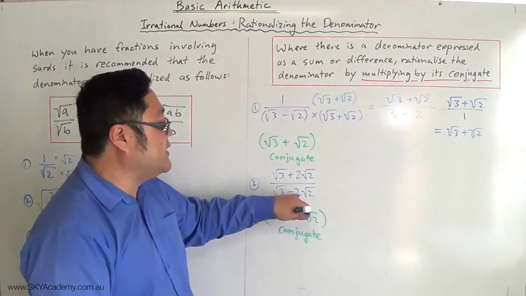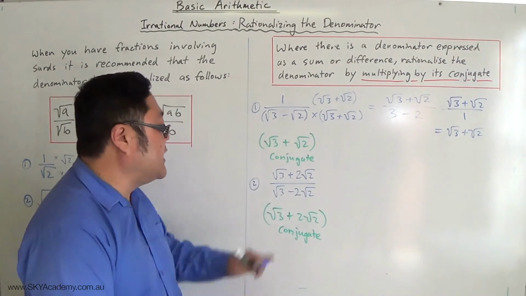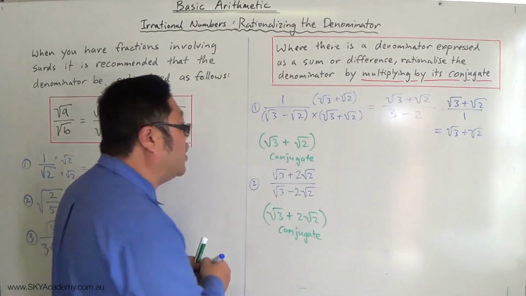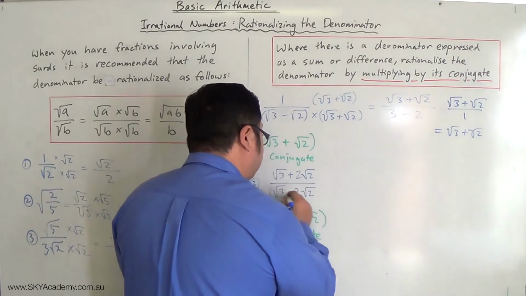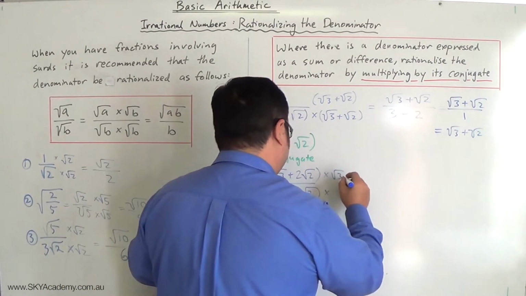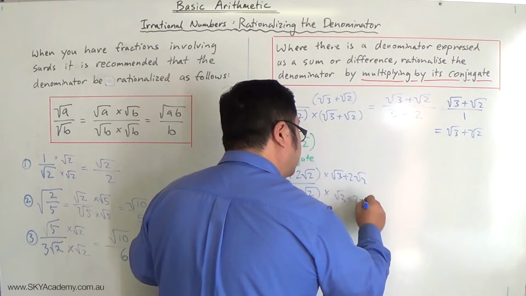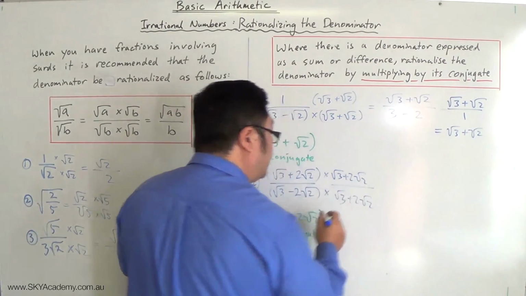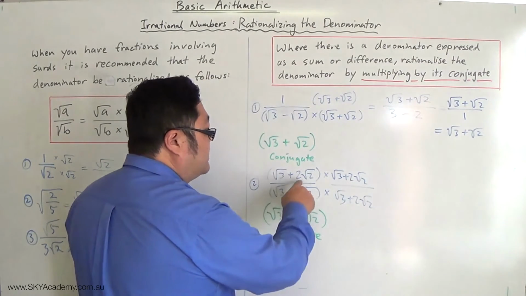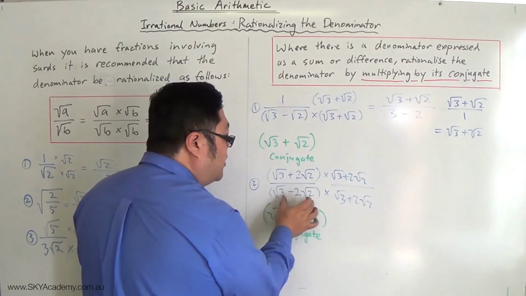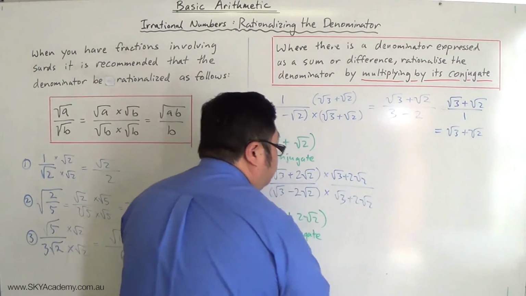Let's have a look at this example now, because we're going to do the same thing. We need to multiply top and bottom by root 3 plus 2 root 2. Okay, so what we're going to be doing is multiplying the top and bottom by the conjugate of the bottom.